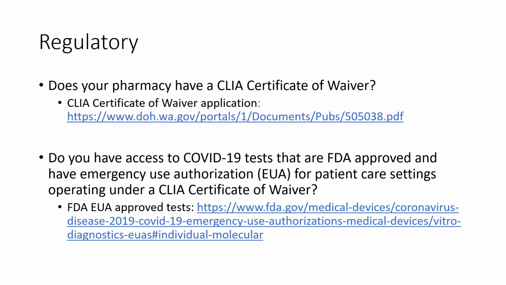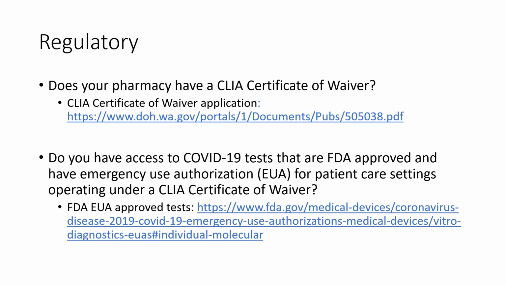You will need to confirm that any test you are offering at your pharmacy has EUA from the FDA. The FDA's Coronavirus Disease 2019 Emergency Use Authorizations for Medical Devices page lists all devices that have an EUA for their use. This website is provided on the slide.